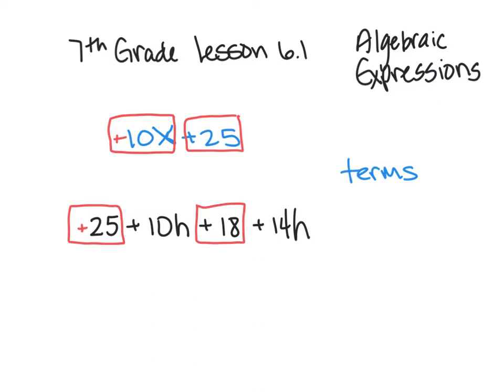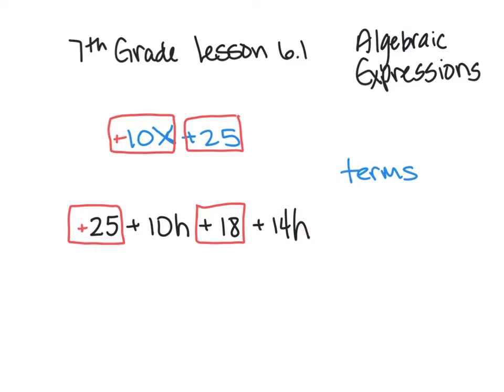The other like terms that I can put together with each other, but not with these constants, are the ones that have the same variable. That means that unknown number is the exact same unknown number as that one. Now, if a different letter was being used, then it's not. But if it's the same letter, they are saying this is the exact same number. We just don't know it yet.